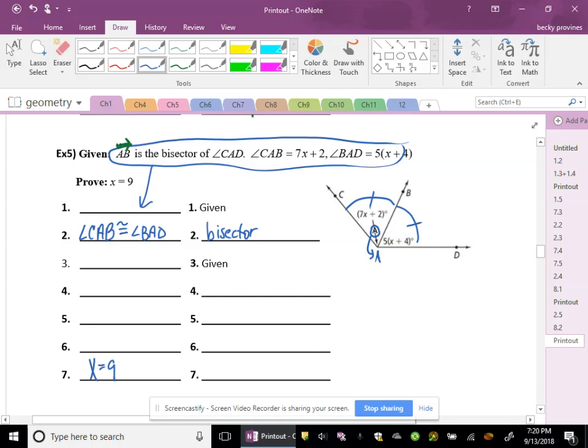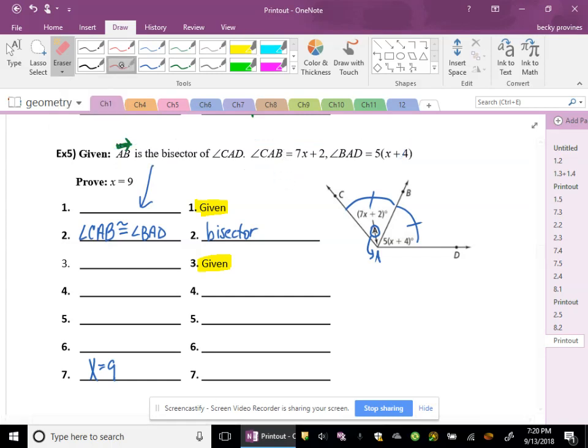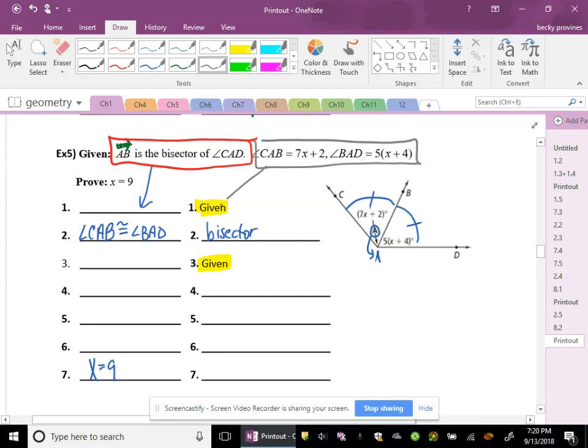Now, sometimes on the proofs, as you see here, they have a given statement up here and another one, step 3. Sometimes they do this to try to help you with the steps. I just kind of threw everything in step 1. So I didn't realize they had that in step 3. So here's really what's happening. The first given goes in step 1. And then the rest of this would go in step 3. And if you were writing this all on your own, then I would say you can do it however you want.